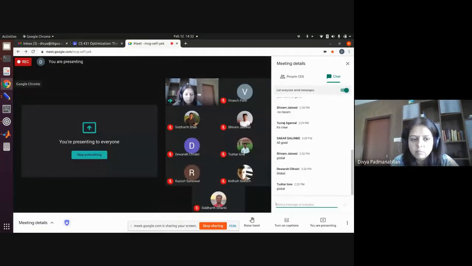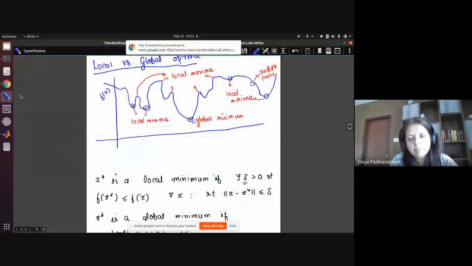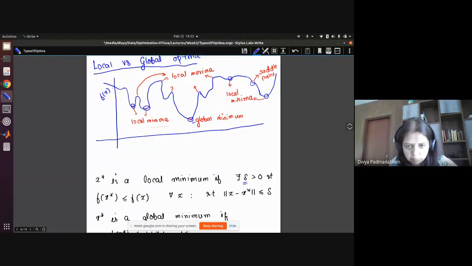So always we would like to have the global optimum, but it turns out that many times finding the global minimum is not easy. And many times even finding the local optimum points is also not easy. But for many problems you can somehow get the local optima, while the global optimum is very difficult to find. So that's the reason why for several problems people are just happy with a local minimum.